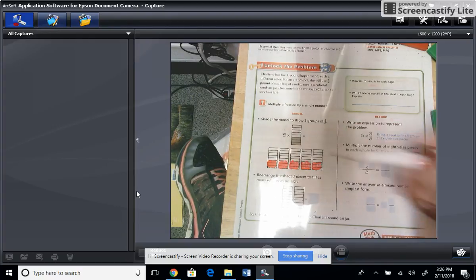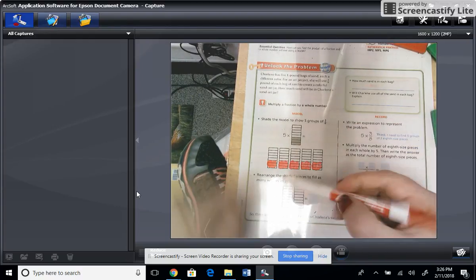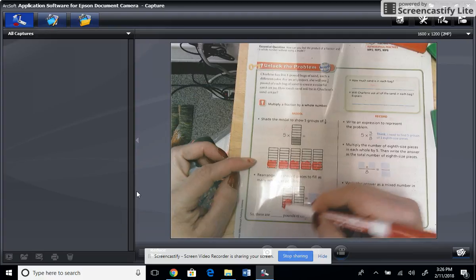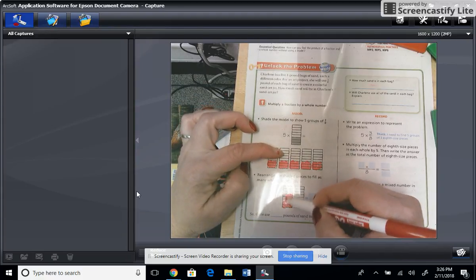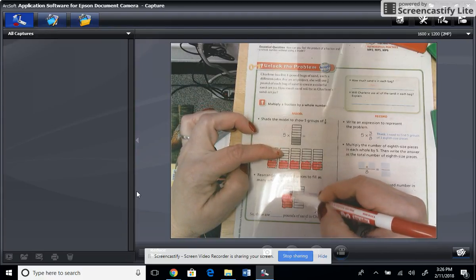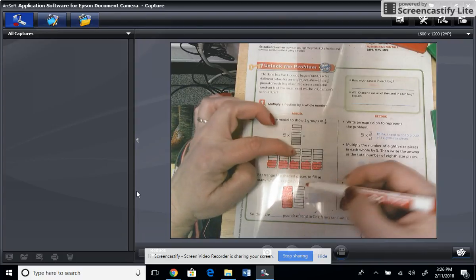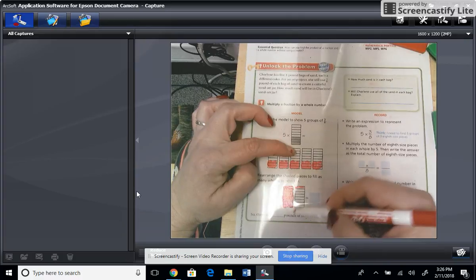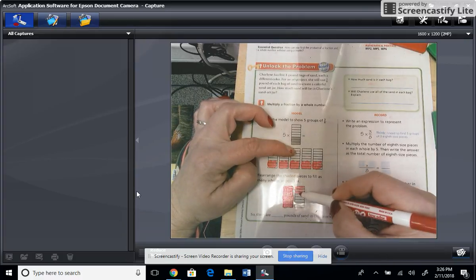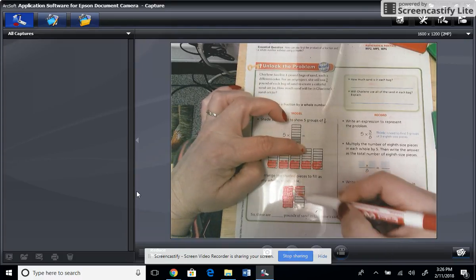So what we're really doing is we're taking 3, 6, 9, because we know there's 8 in each one, and 3 more, and 3 more.